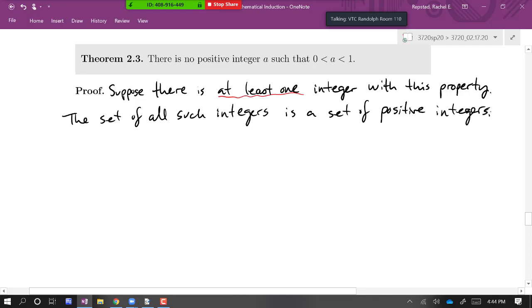The well-ordering principle tells me that any set of positive integers contains a least element. So we'll call it B.